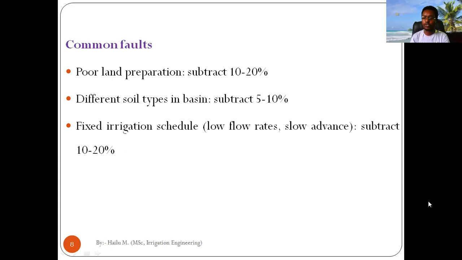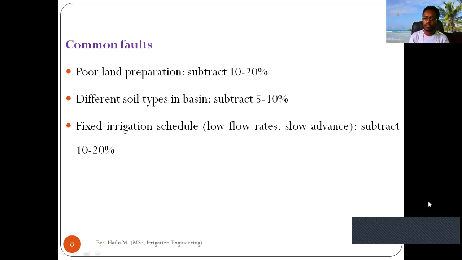If these conditions are not properly fulfilled and some faults occur, our performance will be reduced, or the yield we expect to get from the irrigable land will be reduced if the conditions or their suitability are not properly selected.